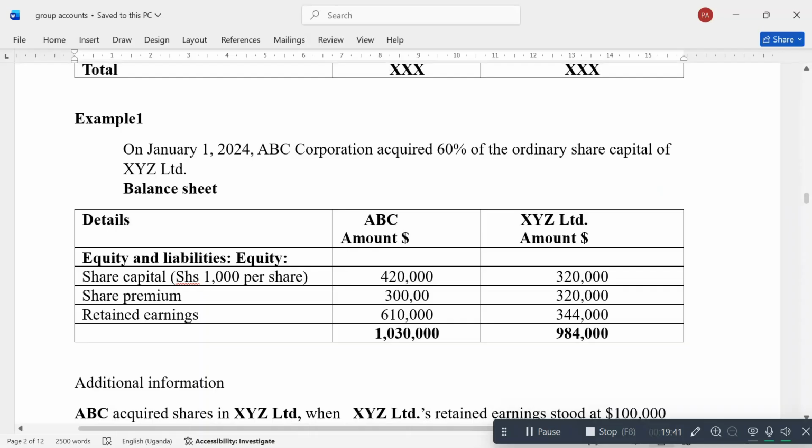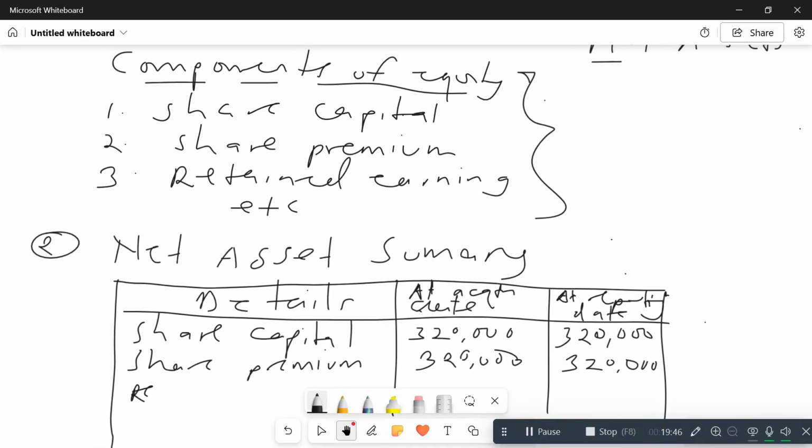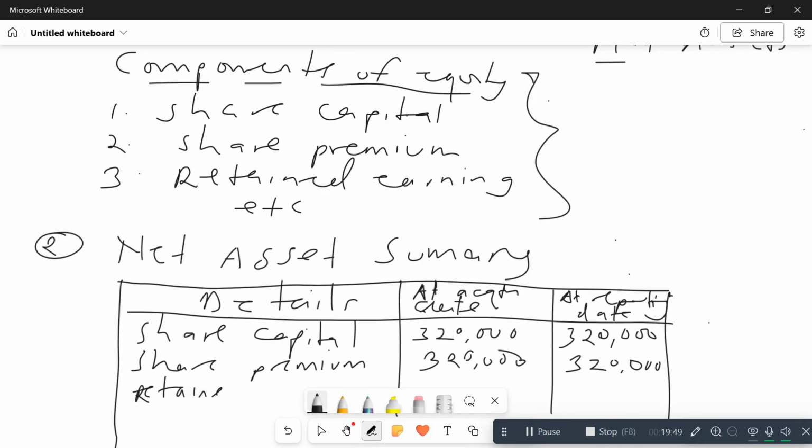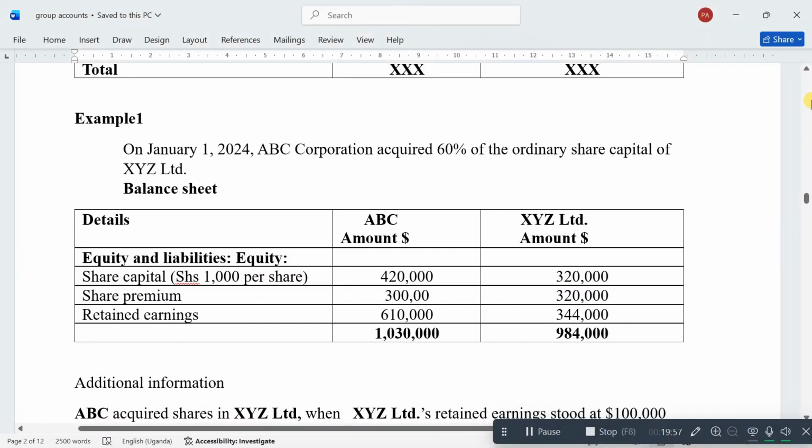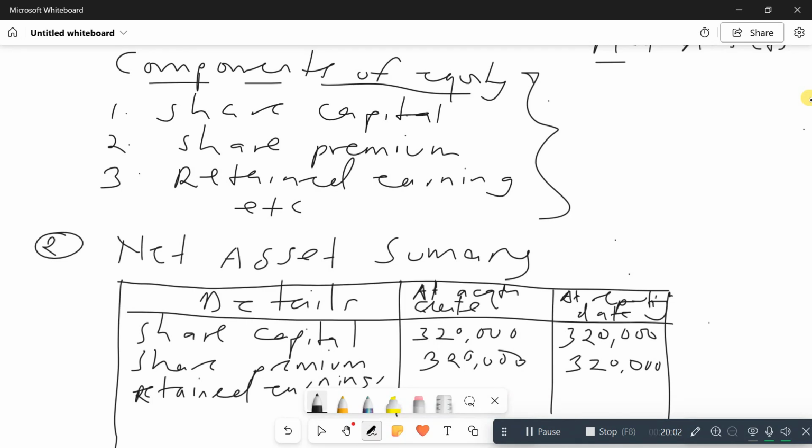What else is given in the question? Retained earning. Good. Retained earnings. For retained earnings, you have 344 at reporting date. Yes, at reporting, 344,000.